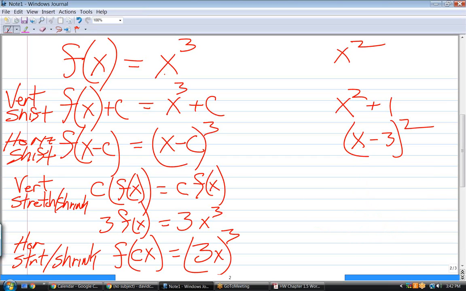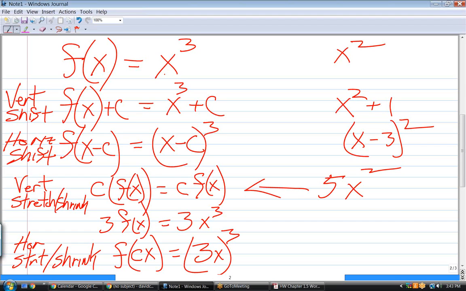Okay? This may seem unnecessary, but I guarantee you that it's necessary to go through each of these. If I want to do a vertical stretch, let's say I had 5x squared. Well, notice that if I look back, that fits that model.